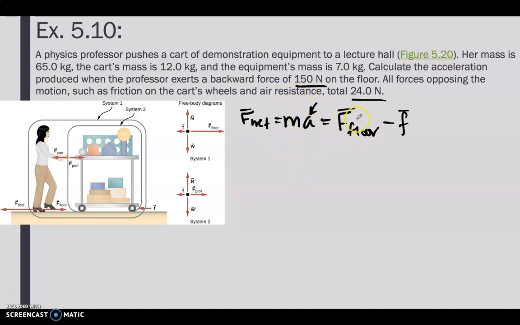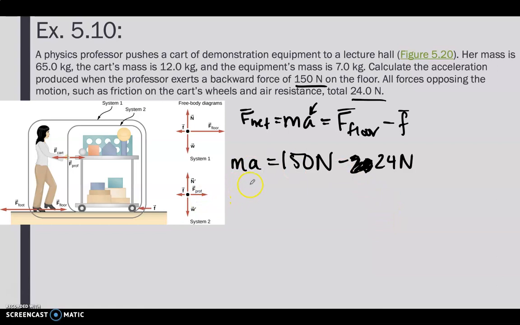So she is exerting this backward force of 150 newtons, so that's what F floor is. And f, our frictional force, is 24 newtons. So we have mass times our acceleration, which is unknown, equals 150 newtons minus 24 newtons.